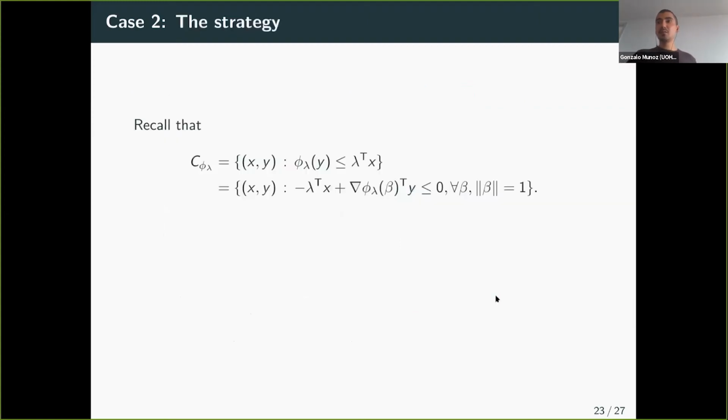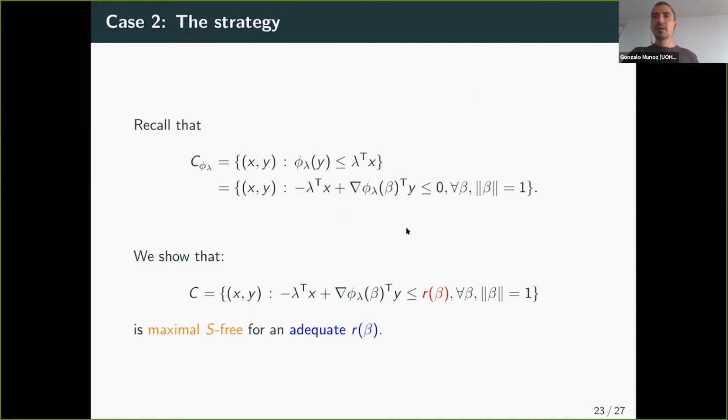So what we did was follow exactly that strategy. It began as a conjecture, let's say, that you have this outer description of your set. So these are all the valid inequalities. And then we prove that if you just relax some of the inequalities, you get a maximal S3 set for an adequate relaxation. So this R beta is something that we needed to compute.